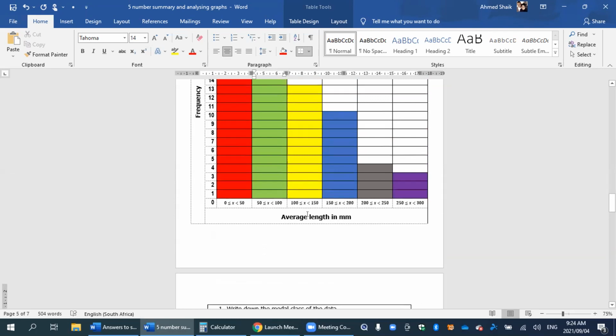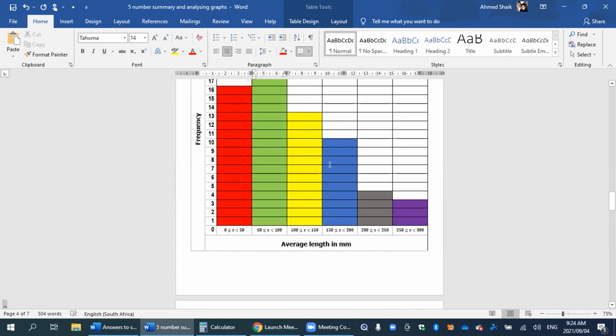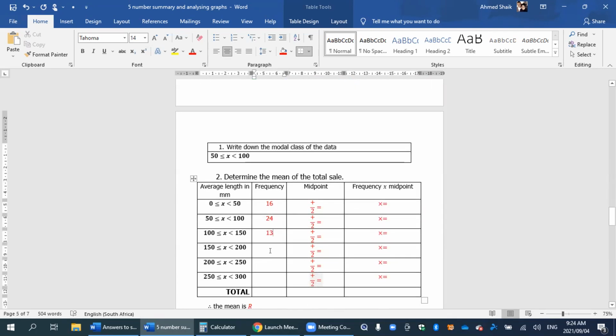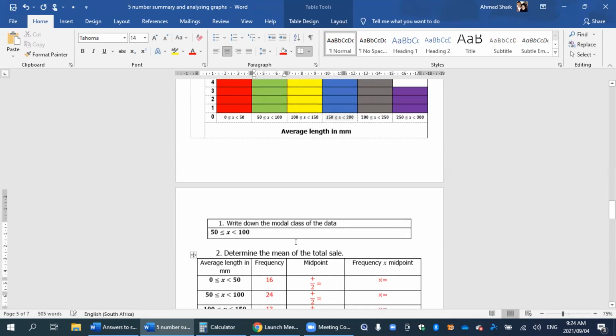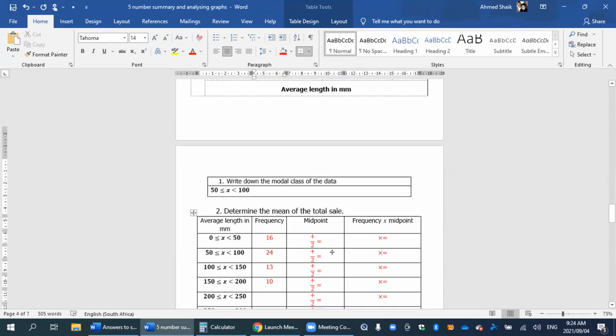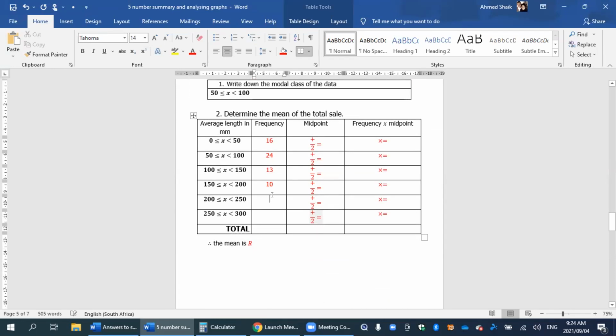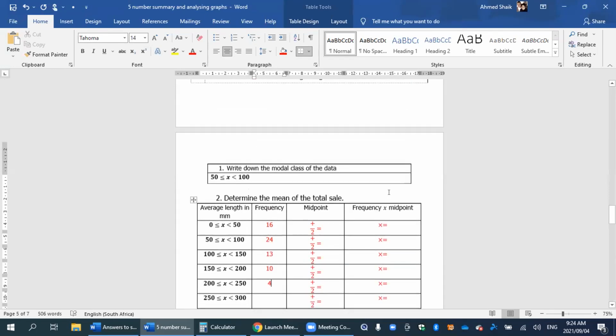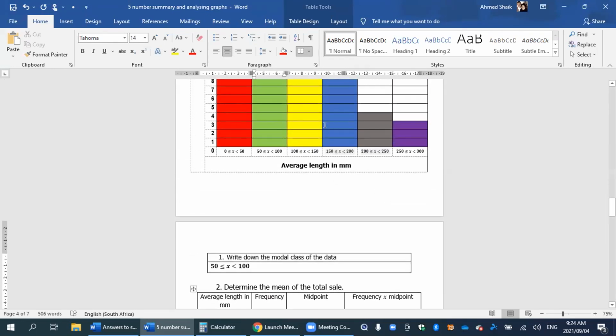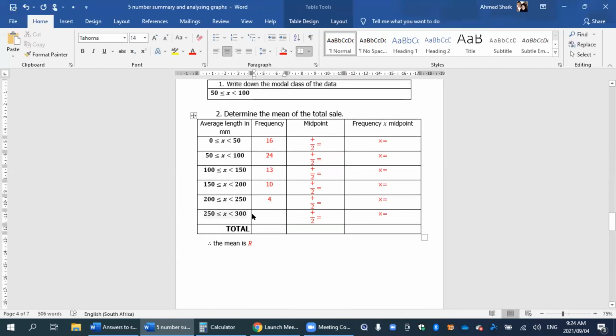The fourth interval had a frequency of 10. Our fifth interval had a frequency of 4. And our last interval had a frequency of 3.